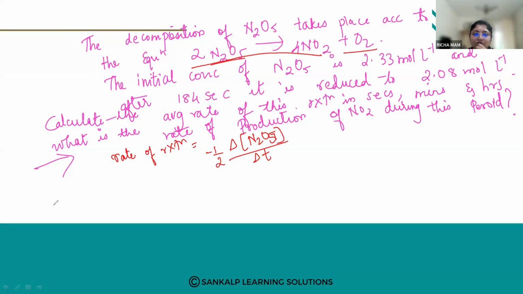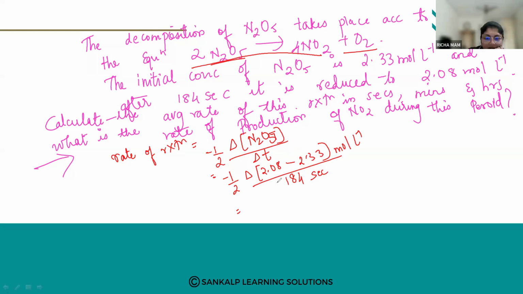How much is it? Calculate. It will be half times the change in concentration, 2.08 minus 2.33, and the time taken is 184 seconds. This is in seconds and this is mole per liter. Now calculate, just see how much you get.